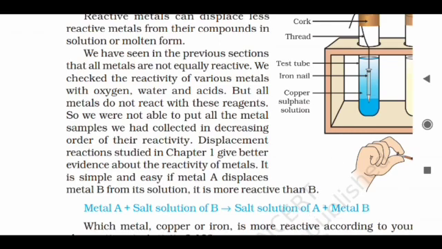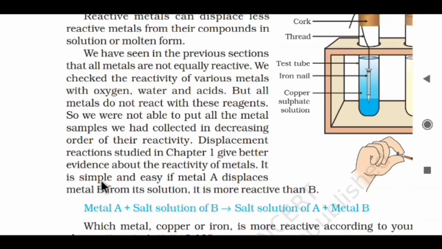It means in a displacement reaction, if some metal is displaced by another metal, the metal which is displaced is less reactive, and the metal which displaces it is the more reactive metal.